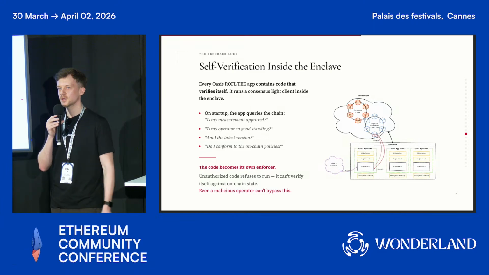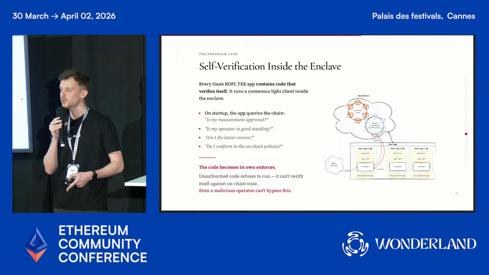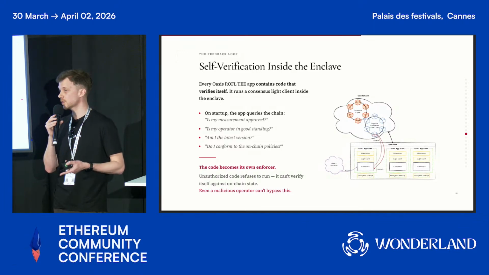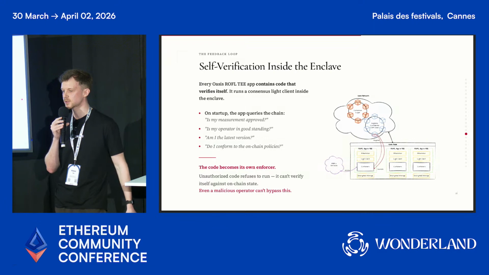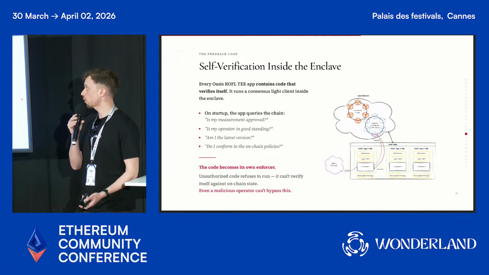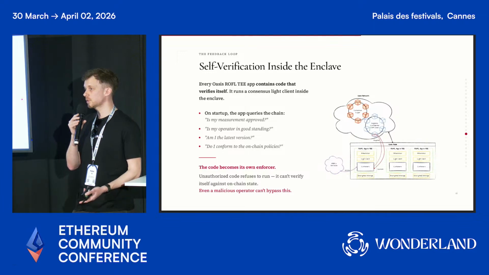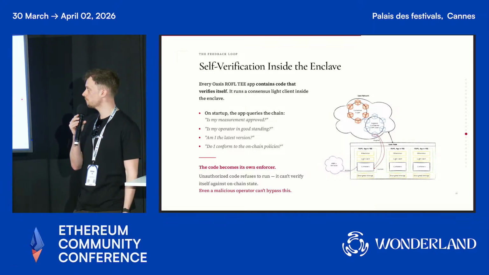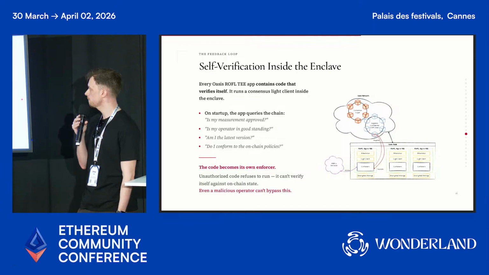So every application that's running on ROFL in Oasis actually needs to contain a startup code, which does exactly this. It fetches the on-chain state, and it verifies itself. So it can check: is my code the one that's stated on the on-chain state? Am I running on an operator that's in good standing, that I'm allowed to run on? And similar policies like this.